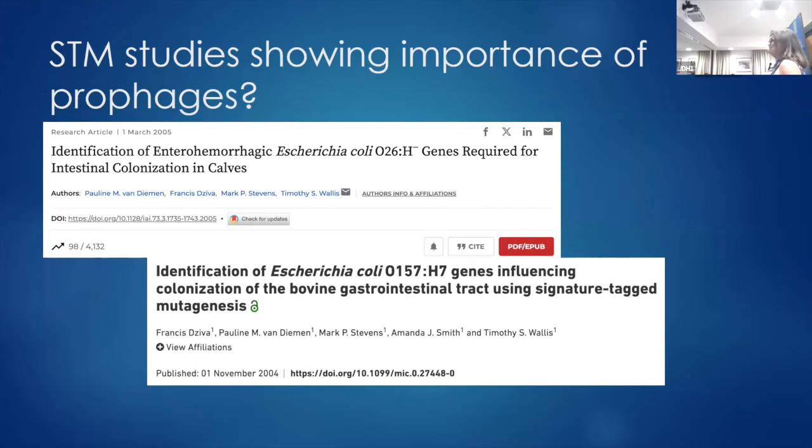He said, in our STM mutagenesis studies, we found prophage gene mutants, but they're not Shiga-toxin. They're phage regulators. Do you have any idea why? I said, I have absolutely no idea, and put it on the back burner.